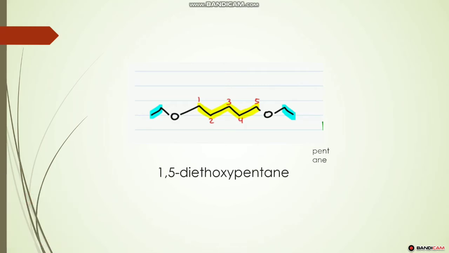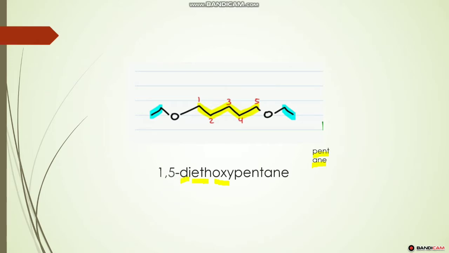Then it is bonded by single bonds, so the last name is N. And as we see in this structure, there are two substituents, first and second, and it has 2 carbons attached to oxygen on both sides. So we can give the first name eth, then give the last name oxy because it is attached to oxygen. And since there are 2 substituents, we can use the prefix di.